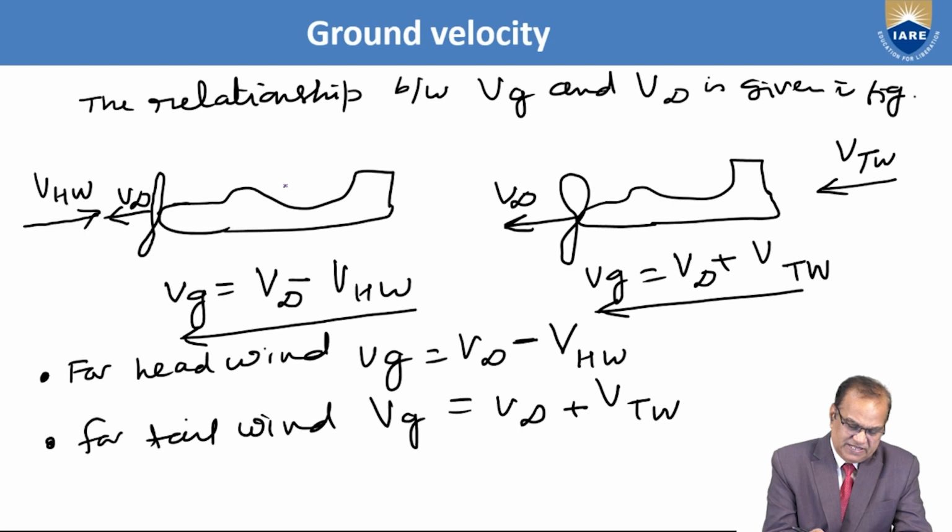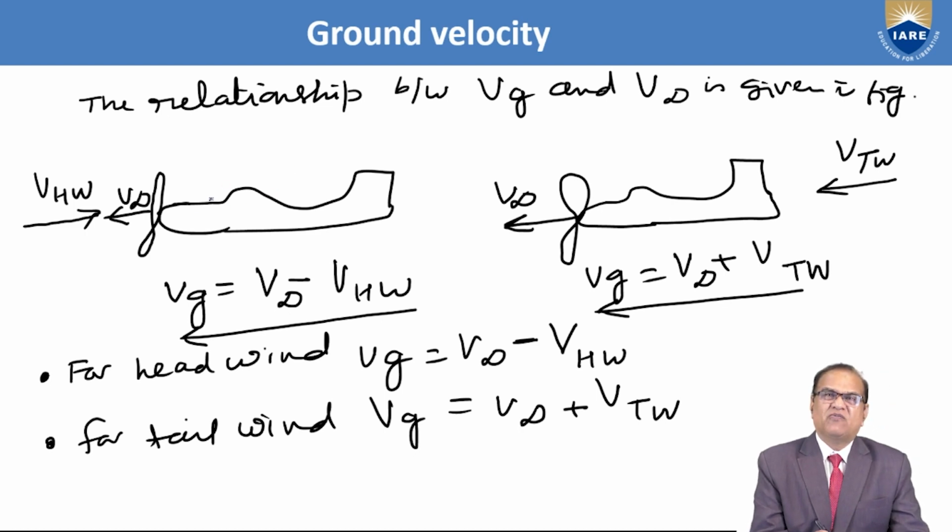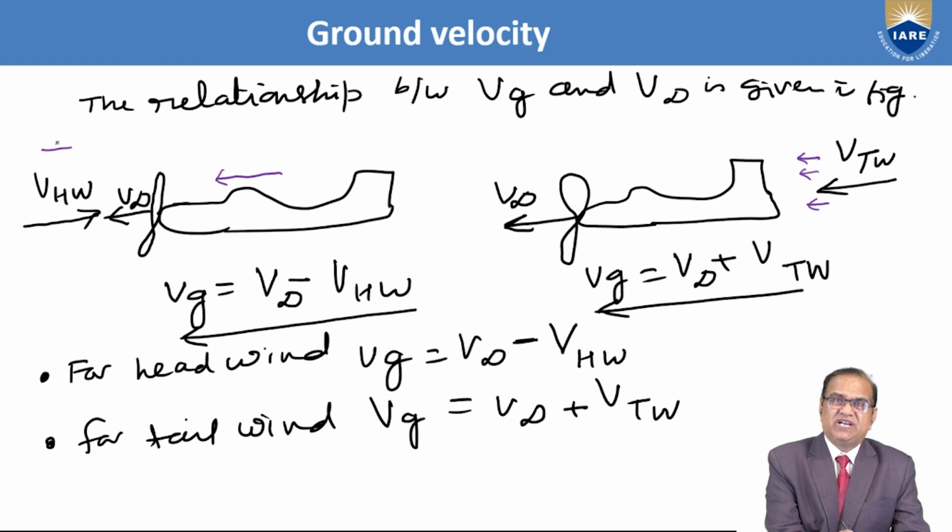So you can see here that if you are flying the aircraft in this direction, it is called V headwind. And here if you see, your aircraft is in this direction and your wind is from the nose. This is the headwind. I will write H-wind, HW.